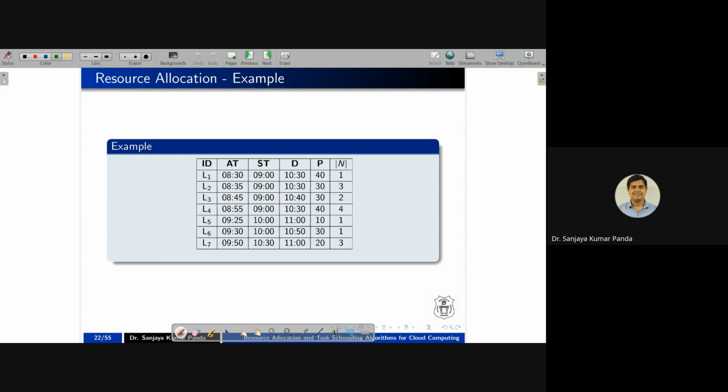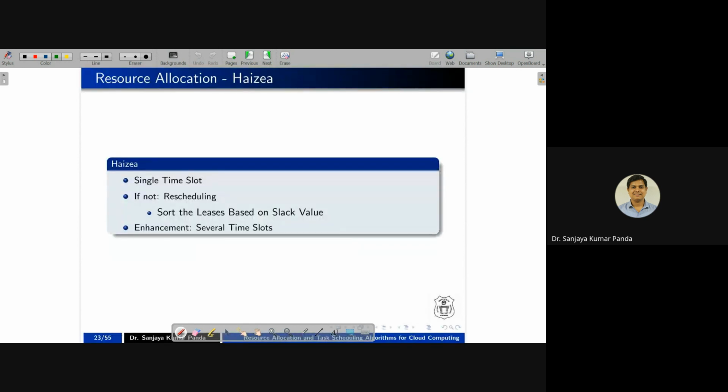So we go for the algorithm which is given in Haizea, right? If you install Haizea and submit a set of leases, generally these leases are XML documents. If you go for the lease file, I'll show you the lease file. In the lease file, you will see the leases are written in the form of an XML document, right? Every lease is represented in the form of an XML document.